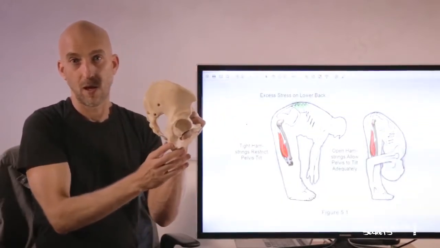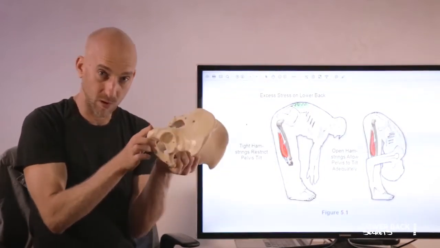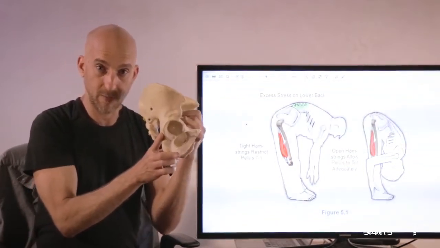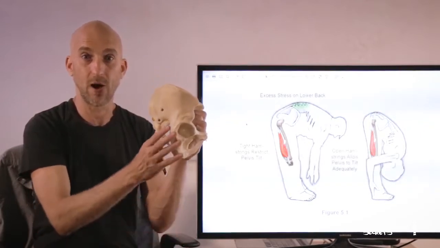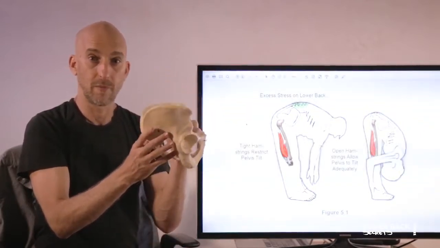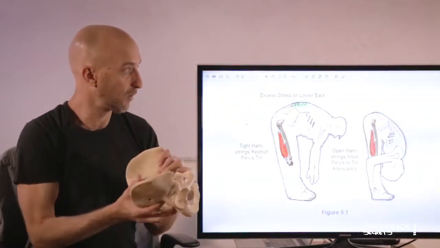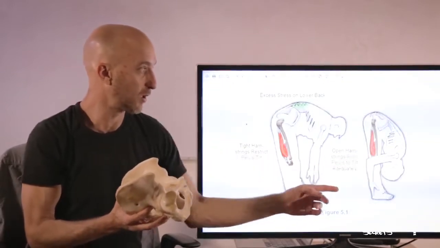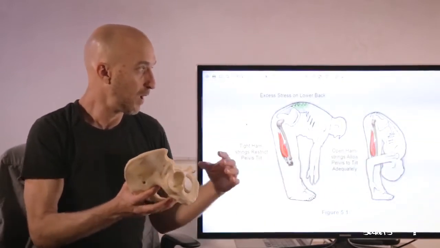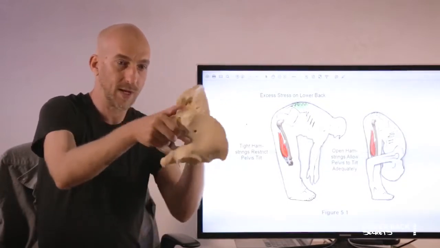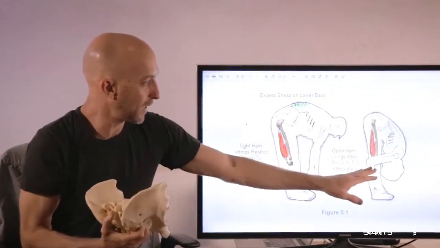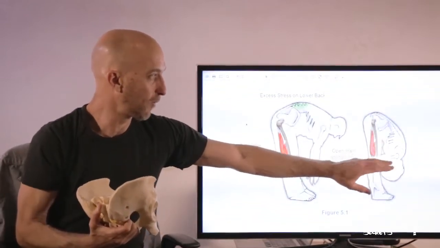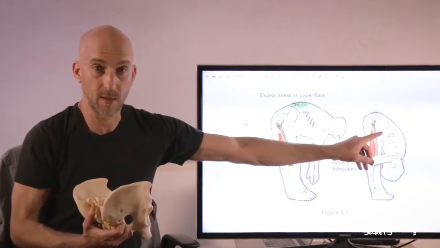Well, in order for the pelvis to rotate, as we're going to see very soon, the hamstrings have to allow that to happen. As long as the pelvis rotates, for example, in the case of this picture here off to the side, the pelvis rotating all the way down creates a healthy forward bend without any stress or strain in the lower back.